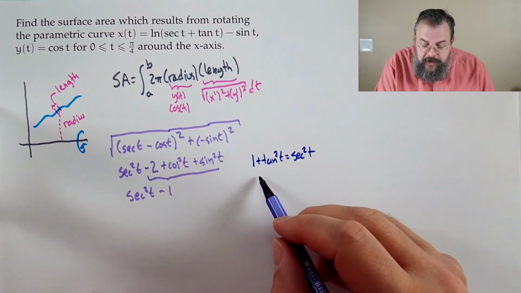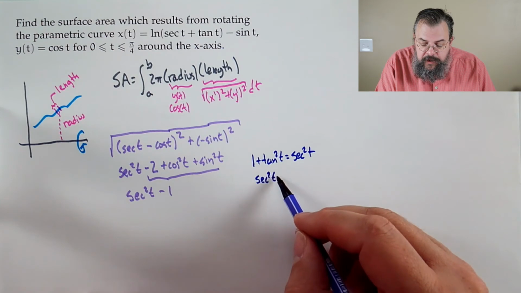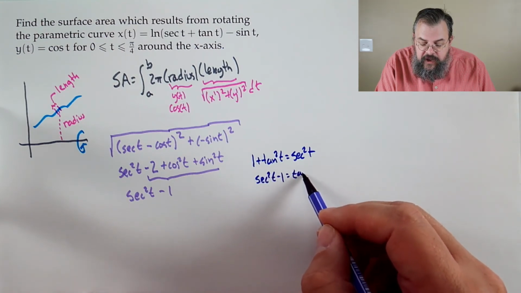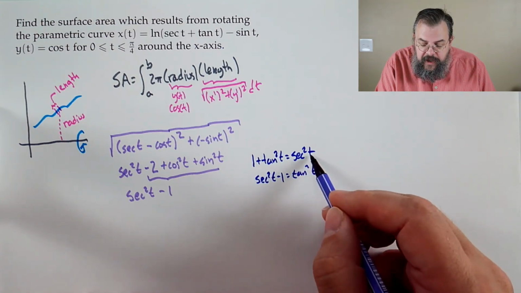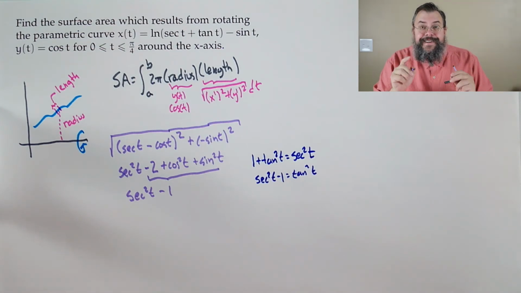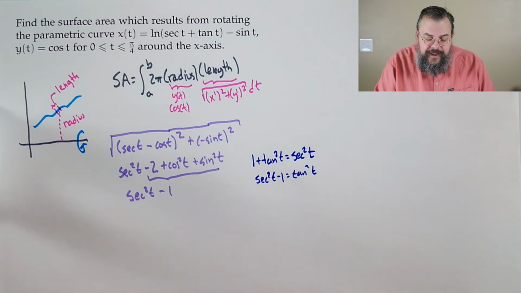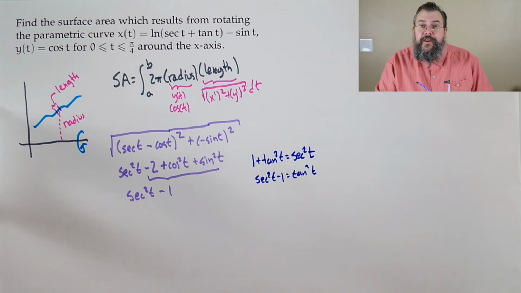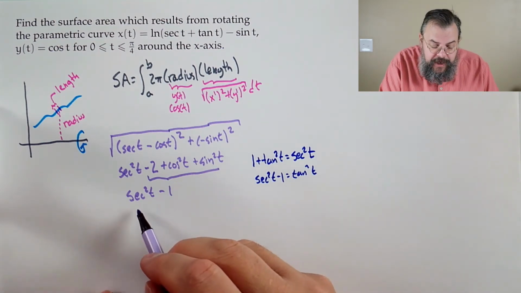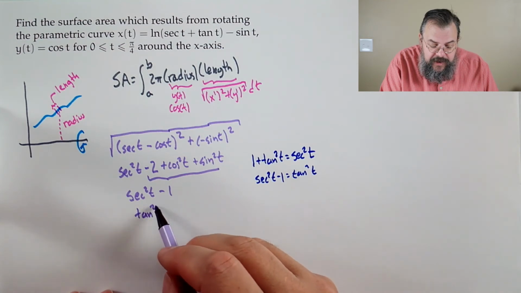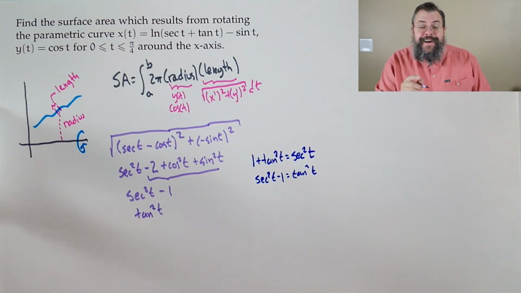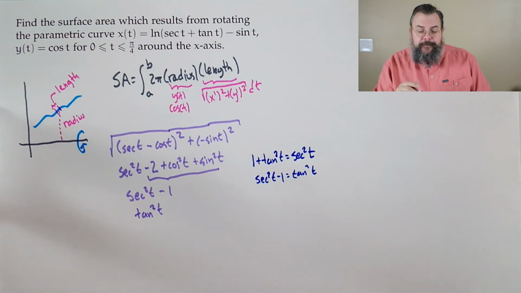Or, put a better way for us, secant squared minus 1 is tangent squared. Aha, good. So it turns out that our expression underneath the square root can be written as a square. It becomes tangent squared. Nice.